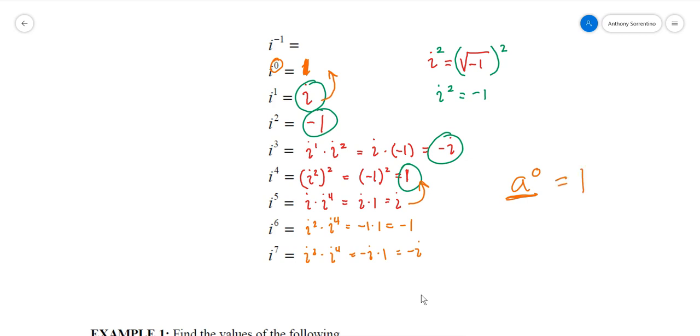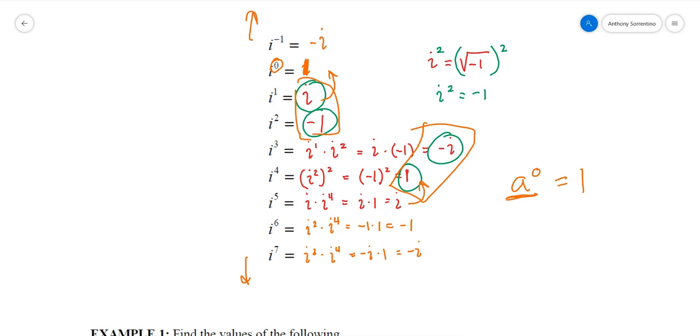So anything to the 0 power equals 1, no matter if it's real or imaginary. Any real number, whether it's natural, an integer, a rational number, anything to the 0 power equals 1. It also works in the imaginary numbers. And of course, this would be a -i. So this pattern continues in both directions, knowing that these are basically the four values that i or powers of i can take on.